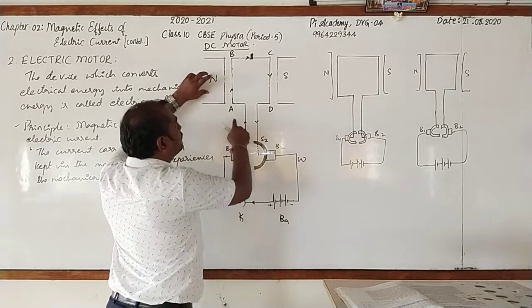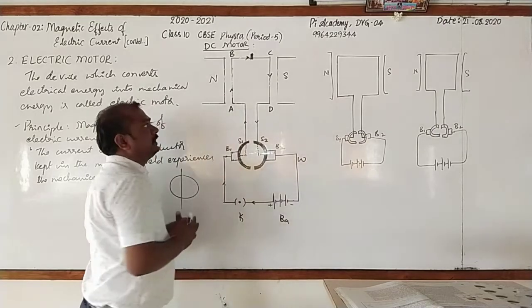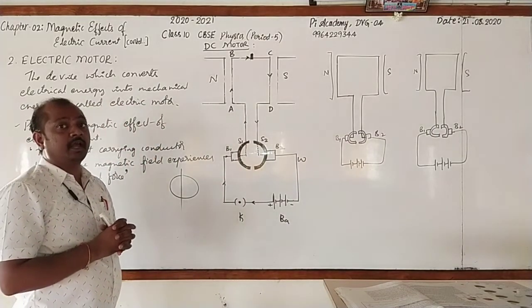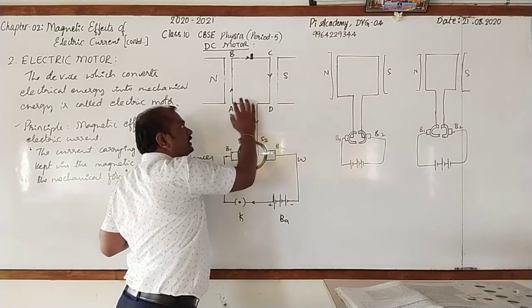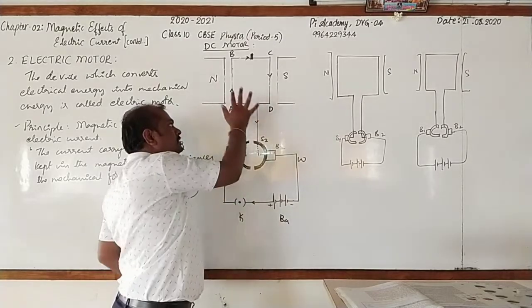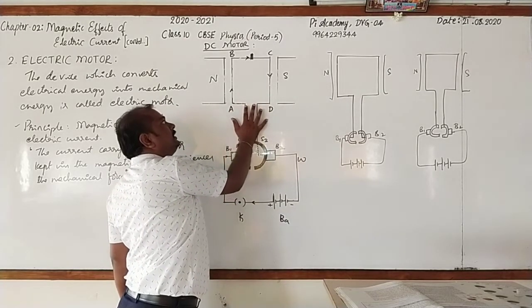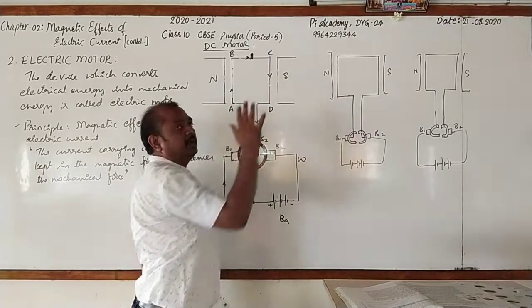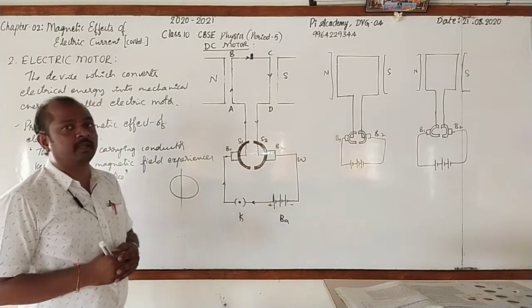So when the current flows through ABCD, then immediately the mechanical force starts acting. The reason is when the current flows through ABCD, a magnetic field is developed around this armature. Then it acts as a magnet. This magnet is under the influence of the magnetic field of the powerful magnet. Therefore, it experiences the mechanical force.